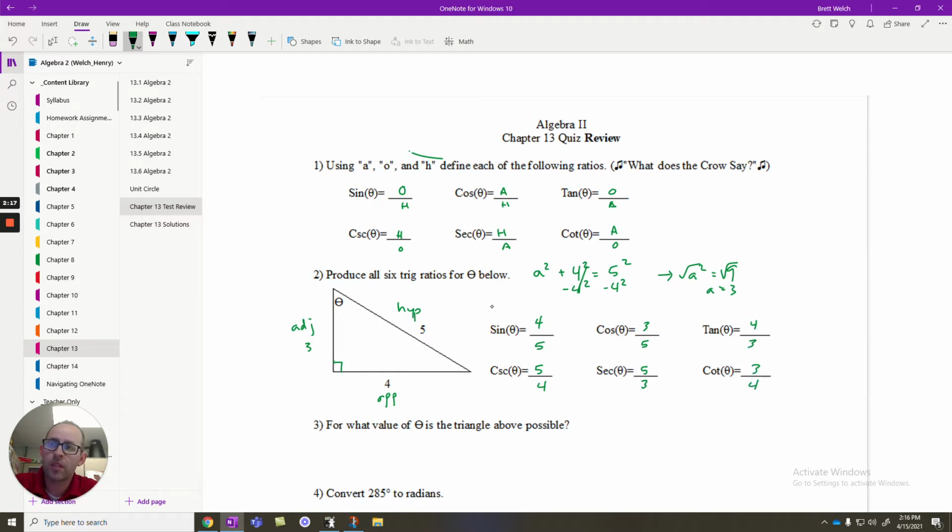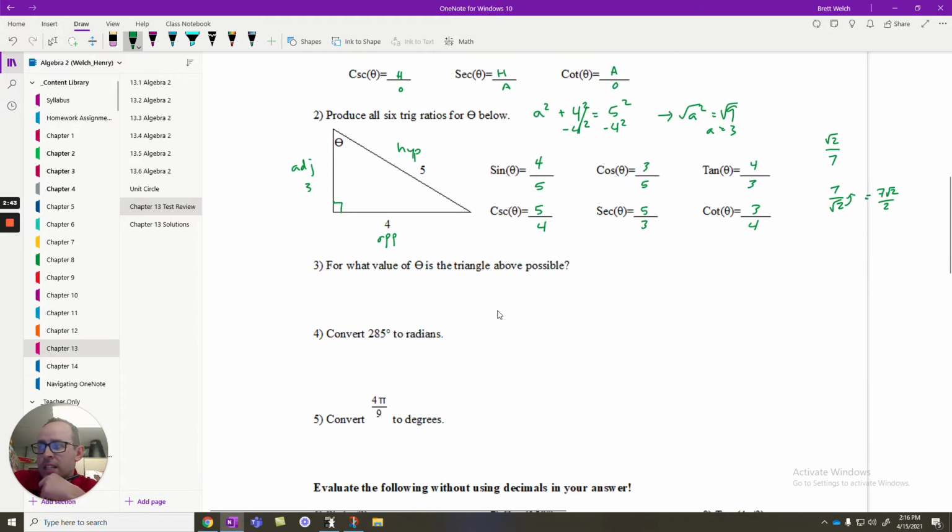Remember that if you end up with something like root 2 over 7, that's okay. But when you go to give me the flip and you get 7 over root 2, you have to pull the root out of the denominator and put it up. So this would be something like 7 root 2 over 2. You need to remember to do that if you have a square root. There's no guarantees. You might end up like this problem with just whole numbers.